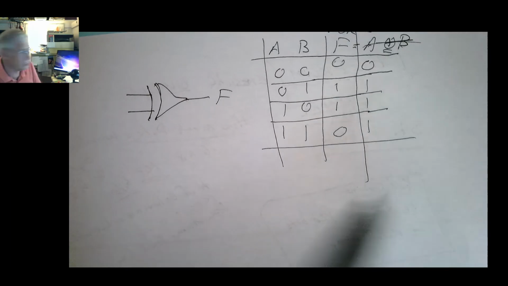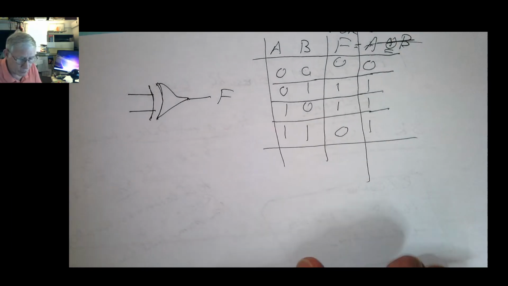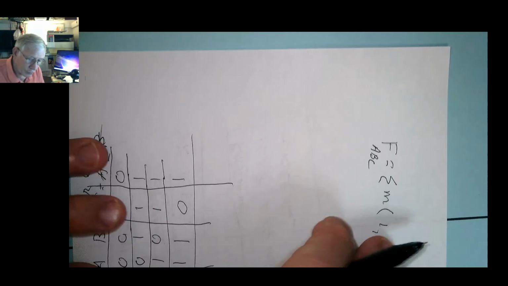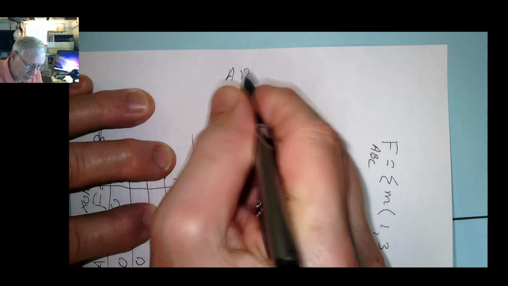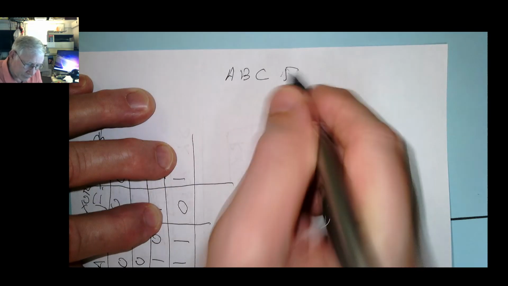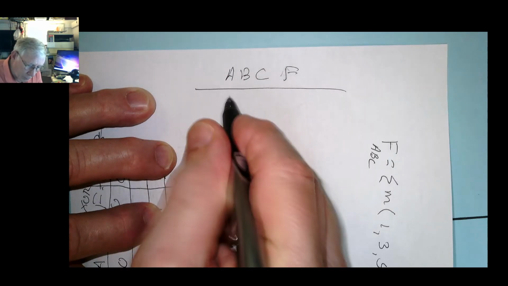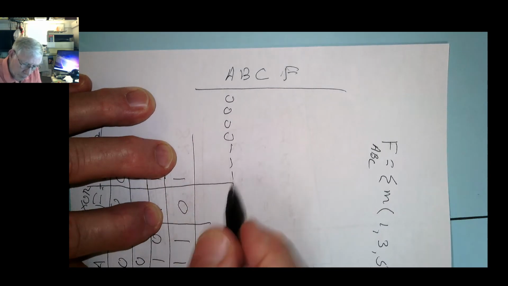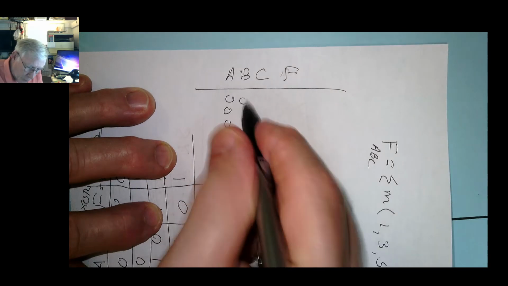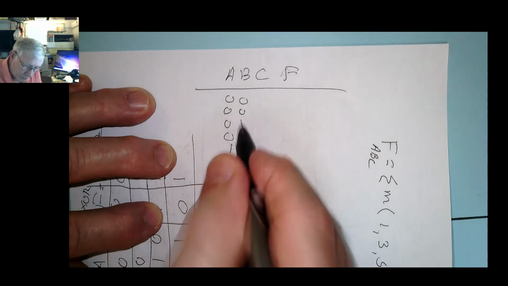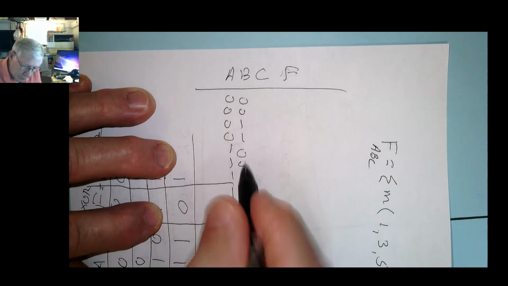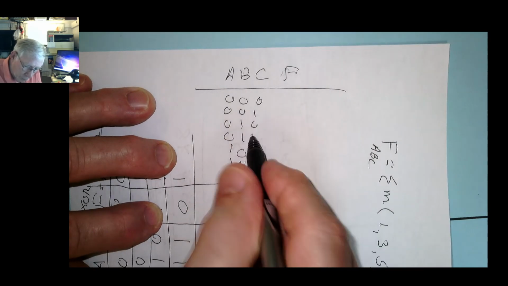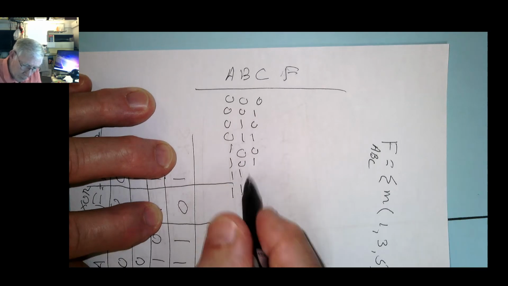Now, what do you do for a 3 variable XOR gate? Well, let's look at that. So here we do A, B, C, and our output F. 0, 0, 1, 0, 1, 0, 1.